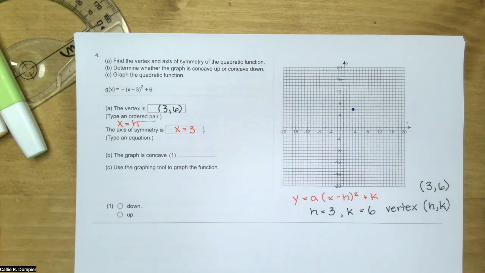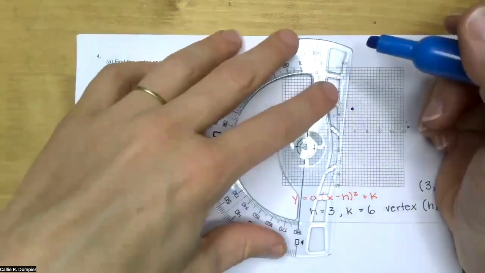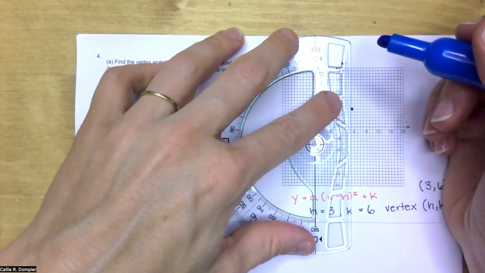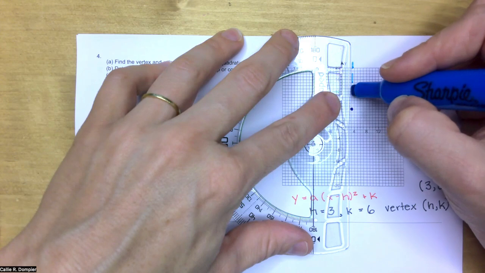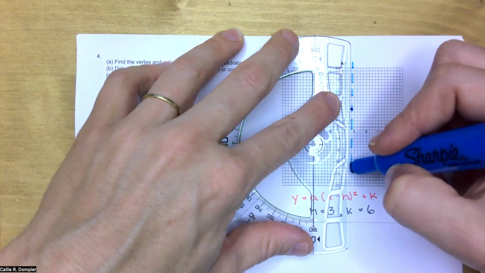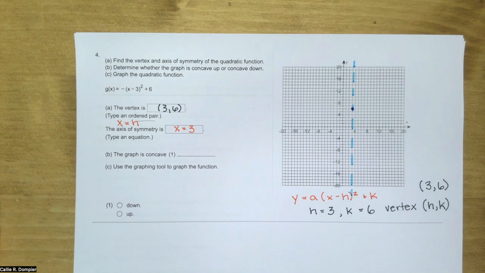And then x equals 3 as our axis of symmetry. Good? All right.